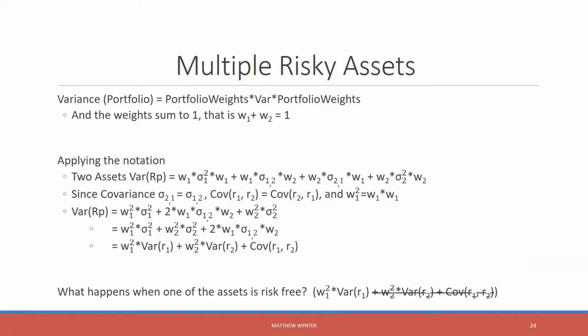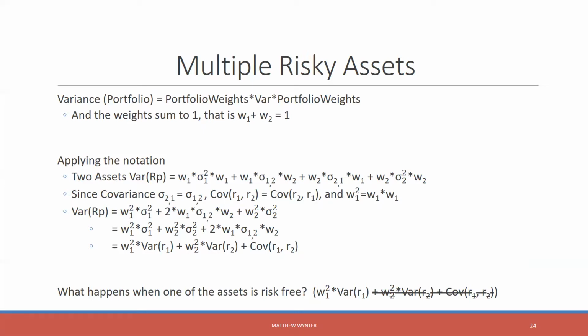What does all that language mean? We've got our portfolio weights, we multiply them by the variance. We're doing it pre and post for a reason that I'll explain in a moment. Okay, so let's just look at the variance for a portfolio consisting of two assets. We've got the weight of asset 1 multiplied by the variance of asset 1 multiplied again by the weight of asset 1.